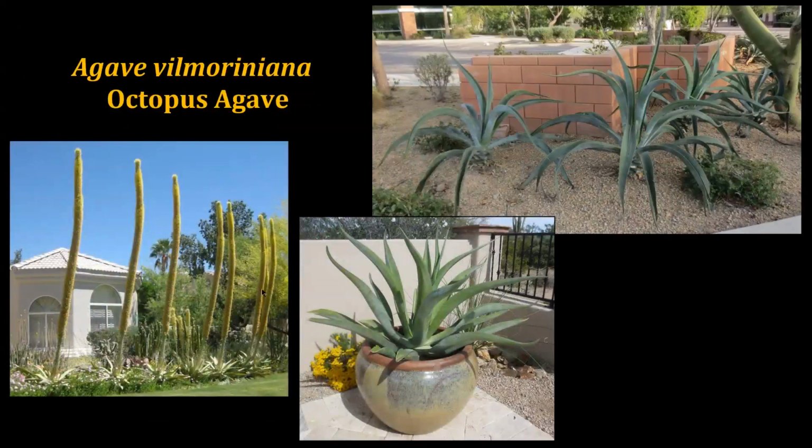Another medium-sized agave. The octopus agave is yet another one of those friendly agaves. Just be aware, most of those friendly agaves, we can easily damage them. Oftentimes those leaves might seem supple, but they're actually kind of brittle and they can break easily. Some of these clone from what we call bulbils on the flower stem.